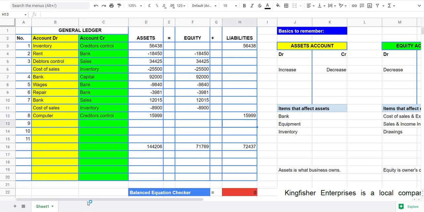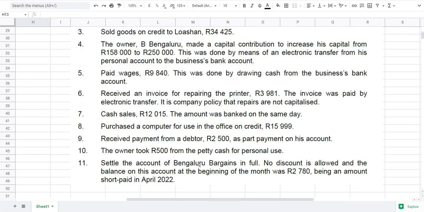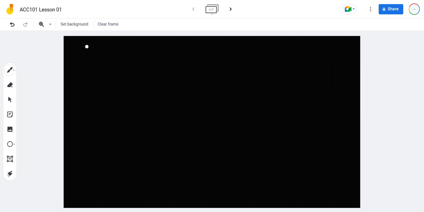And just like that, you move to the next transaction. So number 9 says that we have received a payment from a debtor of 2,500 as a payment on his account. All right, so a debtor is a client, right? A debtor is a client that owed us money.